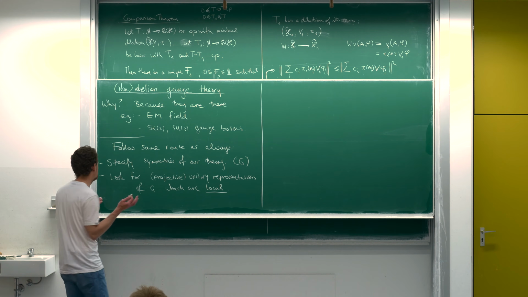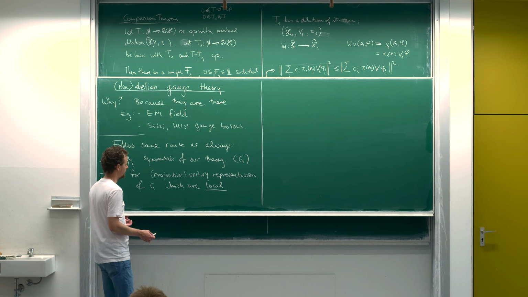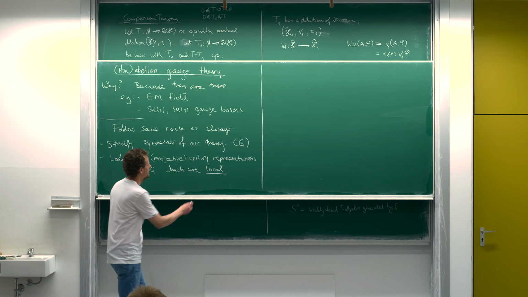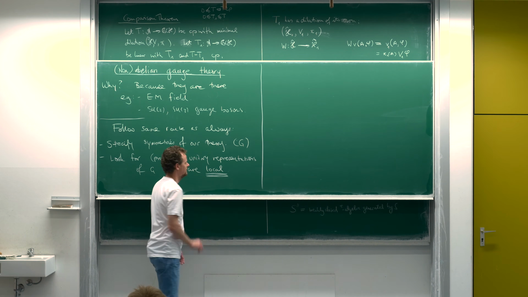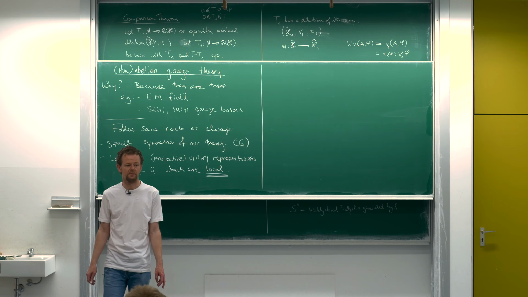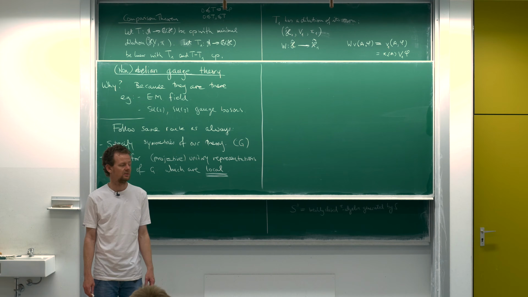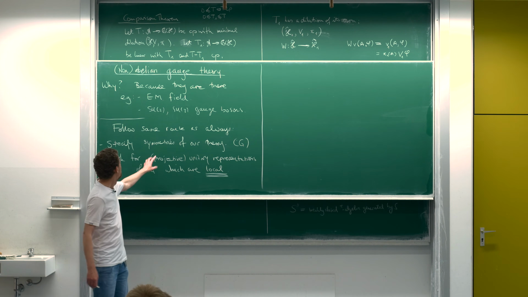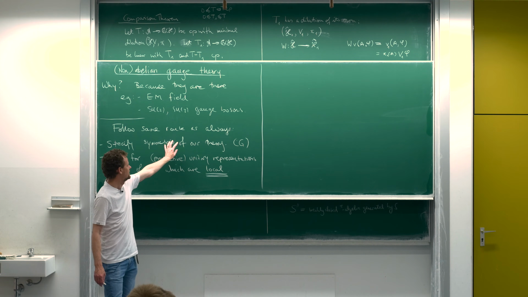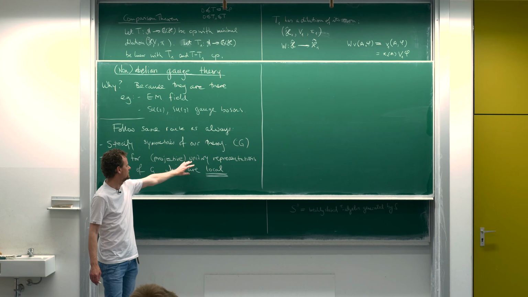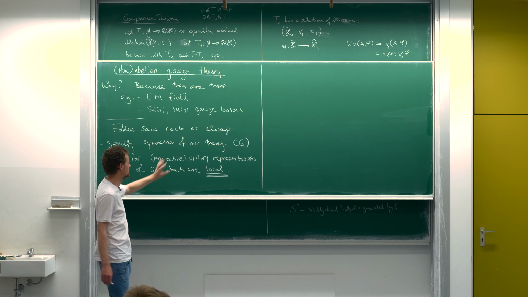Because we have this notion that interactions should be local, and that extra constraint of locality is what gives us quantum field theory. It's the only way we know, with some exceptions, to build representations of symmetries that are consistent with locality. That's what quantum field theory is.